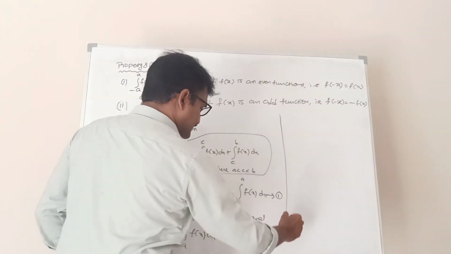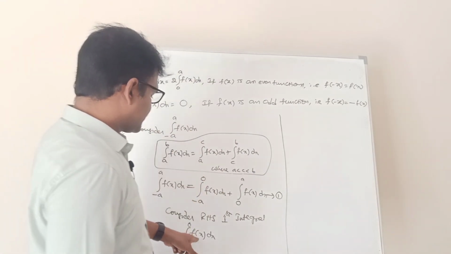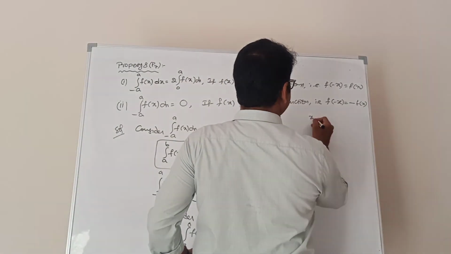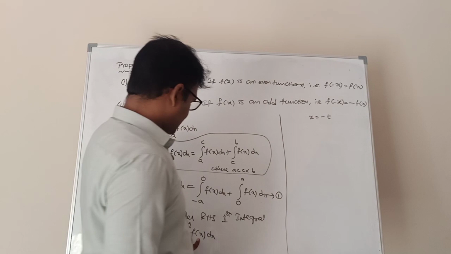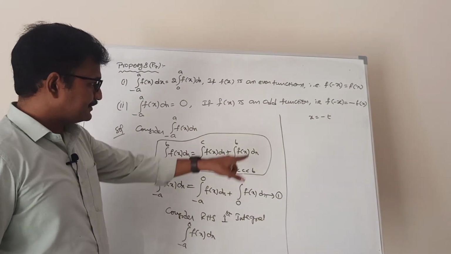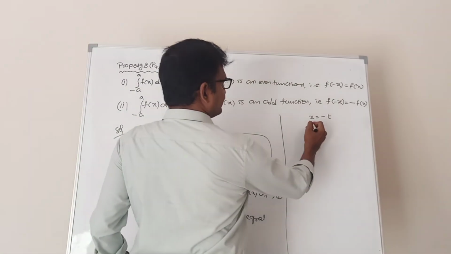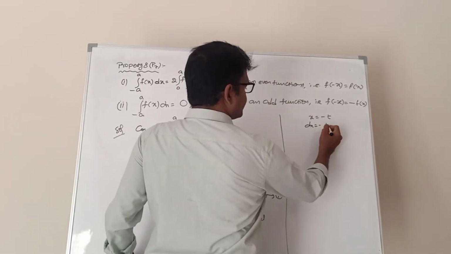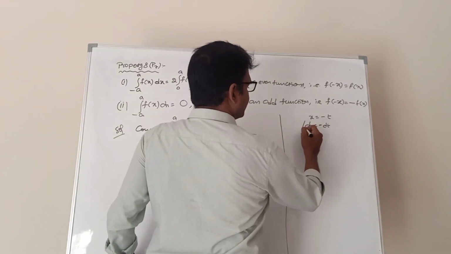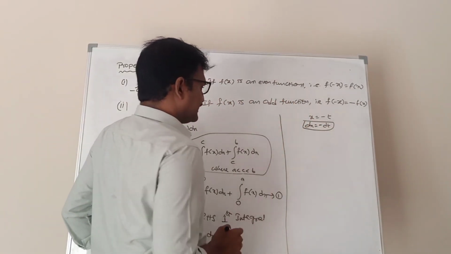Next, in this put x equal to minus t. In the place of x I am replacing x with minus t. Then what is the dx value? If you differentiate with respect to x, dx is equal to minus dt.